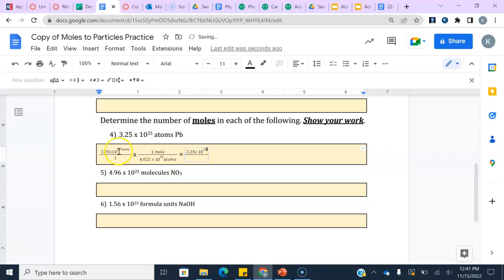Okay, that's in our numerator because that times 1 is 2.25 times 10 to the 25th moles. And then our atoms are eliminated. So in the bottom, sorry, sometimes these can be tricky, we're going to have 6.022 times 10 to the 23rd. And we don't put atoms because the atoms are eliminated, right? These units have canceled out.